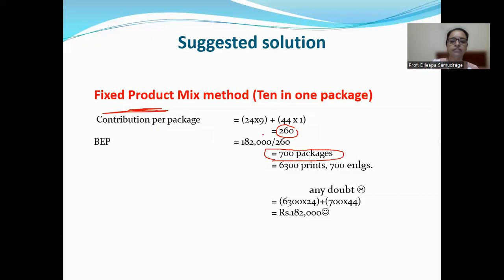So 182,000, you have to divide by 24 into 9, because there are 9 prints out of 10, no? So 9 divided by 10. Here 44 into 1 divided by 10, right?